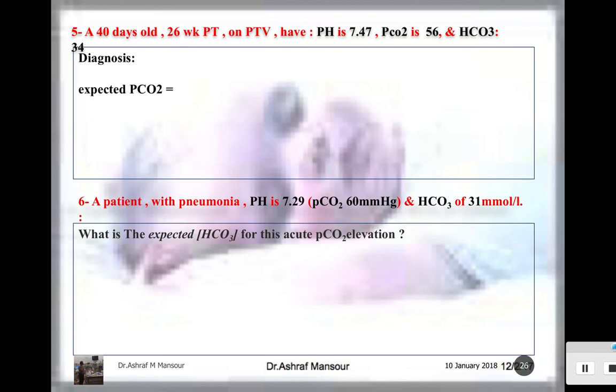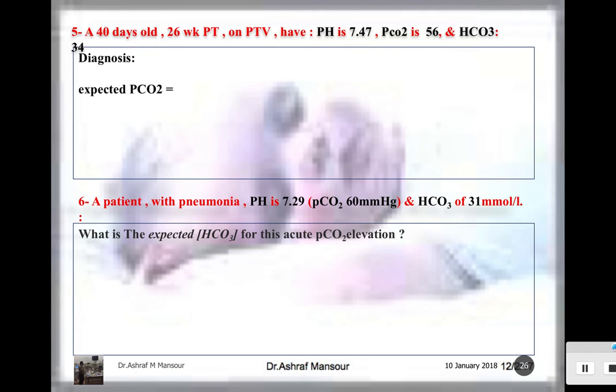If the CO2 is less, it is partially compensated. If the CO2 of 56 is more than expected, there is another respiratory factor causing retention of CO2, so the ventilation must be adjusted. Even if the pH is considered not acidotic, we have to readjust to watch the CO2 according to the calculation.